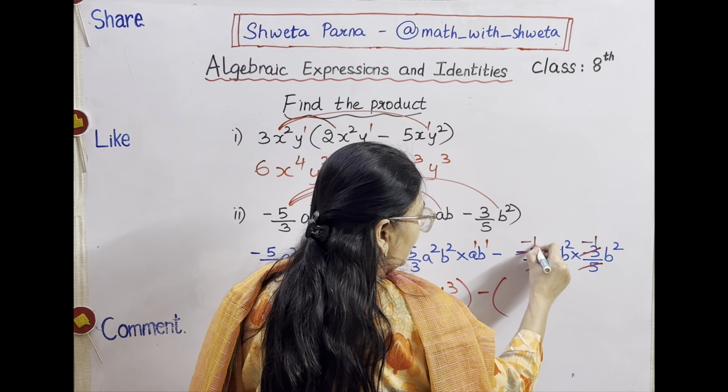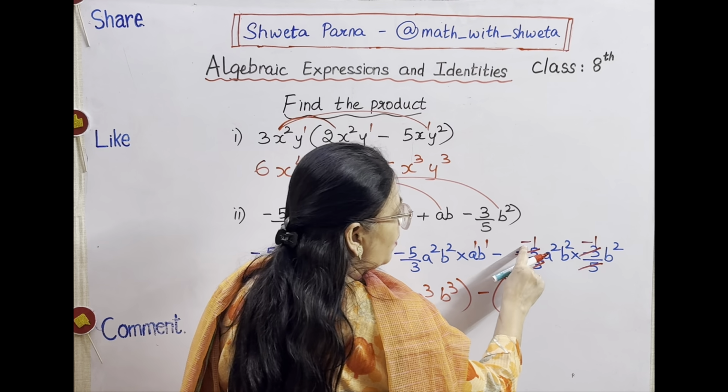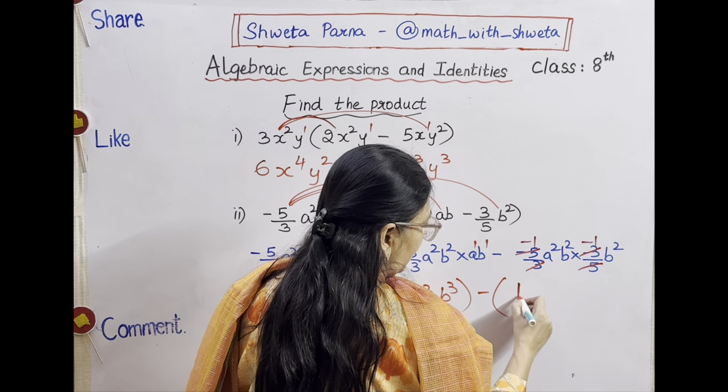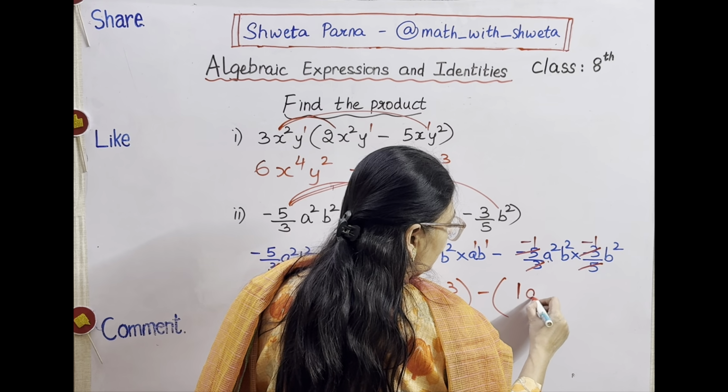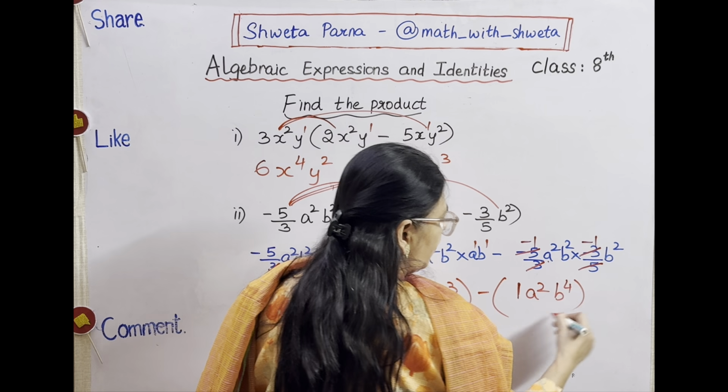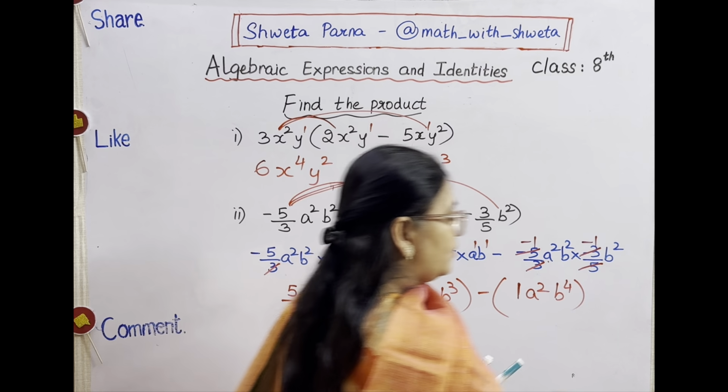Minus. Now, 3 and 3 get cancelled, minus 1 is left. 5 and minus 5 get cancelled, minus 1 is left. Minus 1 into minus 1 is 1. A square, here there is nothing, so a square. B square into b square is b raised to 4.